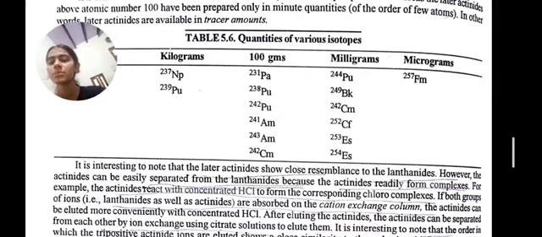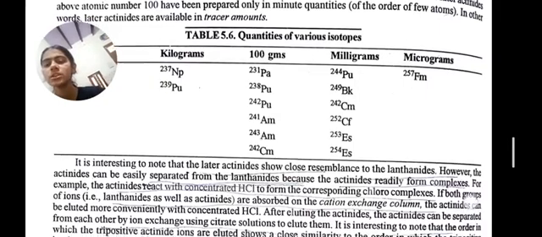For example, the actinides react with concentrated HCl to form the corresponding chlorocomplexes. If both groups of ions are absorbed on the cation exchange column, the actinides can be eluted more conveniently with concentrated HCl. After eluting, the actinides can be separated from each other by ion exchange using citrate solution to elute them.